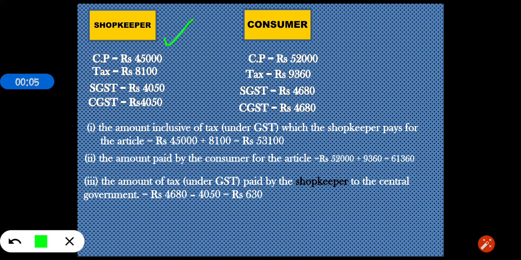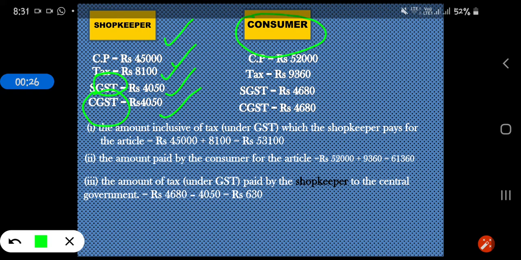For a shopkeeper, the cost price of an article is rupees 45,000 and the amount of tax is 8,100. This 8,100 is divided into two equal parts, that is, 4,050 rupees which goes to the state government and 4,050 rupees which goes to the central government.